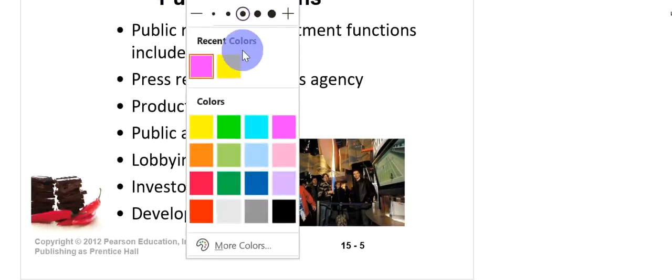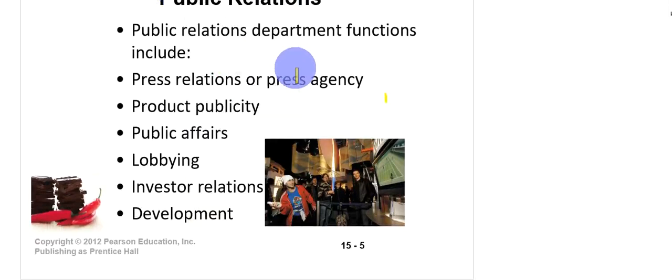Here we will see what are the functions of public relation department. There are many functions performed by public relation departments. First of all, we will see that the first and the foremost function of public relation department of an organization is press relation or press agency.